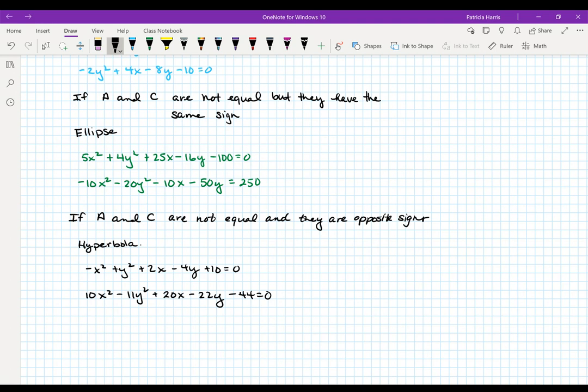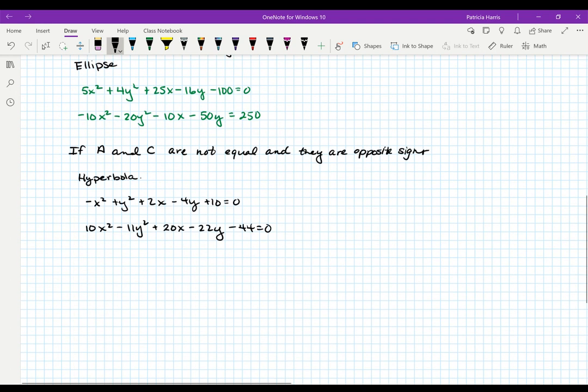Now, in first semester you did not have to complete the square twice. You only had to do it once. This time we might have to do it twice. Okay. So we're going to go slow. I'm going to kind of remind you of what completing the square is. So don't worry about that too much. Okay. All right. Let's try one out.